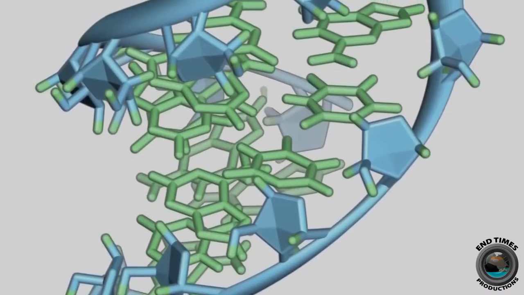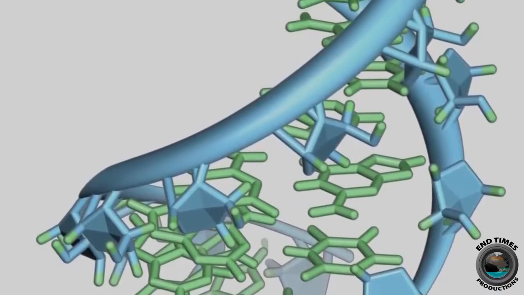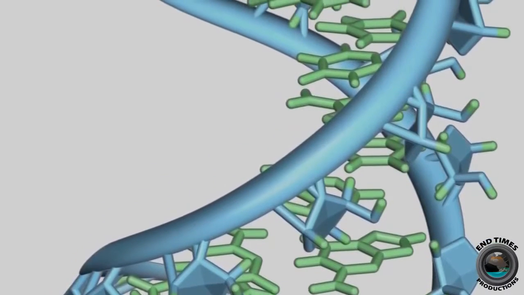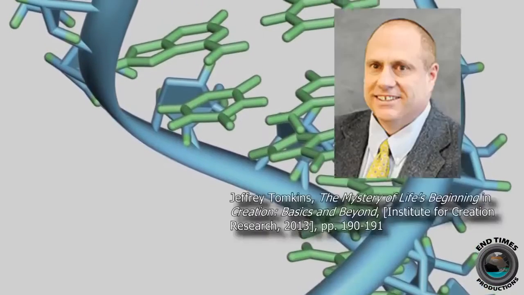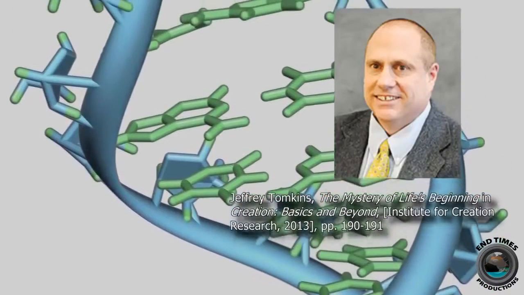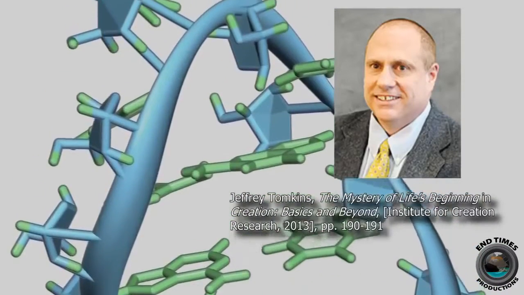Now, some evolutionists have claimed that maybe the first biomolecules were actually composed of RNA instead of amino acids forming themselves into functional proteins, serving as the first enzymes. However, for a refutation of this erroneous idea, see the geneticist Jeffrey Tompkins' essay, The Mystery of Life's Beginnings.